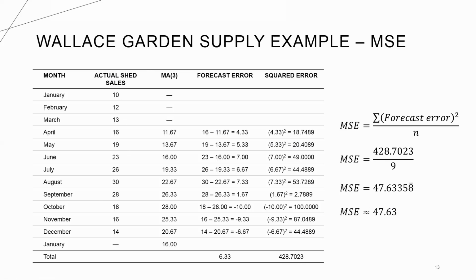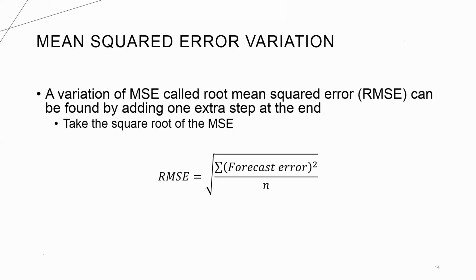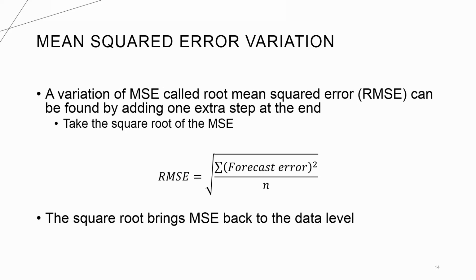If your errors are in meters, then your MSE is going to be in square meters, which is a little bit weird sometimes, but the root MSE is going to be back to meters again. Or if your units were seconds, then your root MSE is going to be seconds. So that can be nice, just for being able to say, how do we interpret this number?